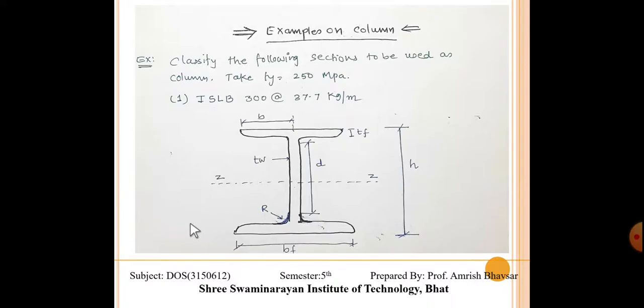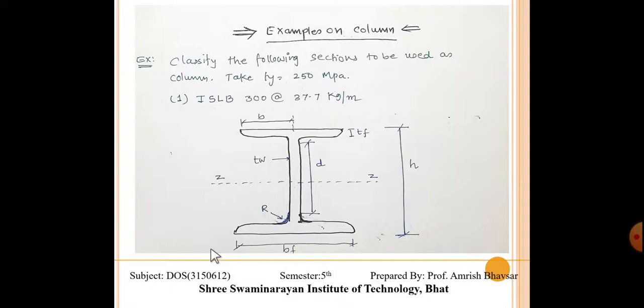But the calculation process is a little bit different as compared to struts, because here the given I section is different for the section classification, and that section classification is given on page number 18.